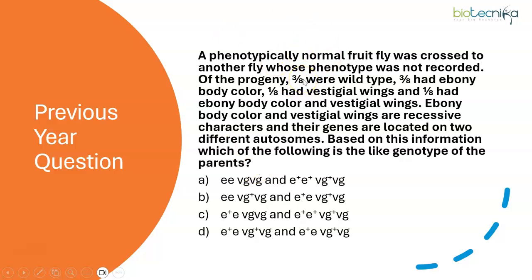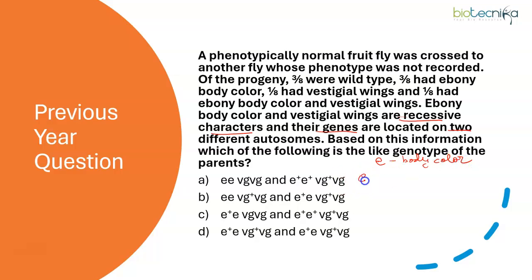So for any genetic question, first of all, we will use some letters to mark the genes. It is clearly mentioned that ebony body color and wing type are two different characters and they are both recessive characters and genes are located on two different autosomes. If you see the options given, it is given in the form of E and VG. So let's say that E is for body color.